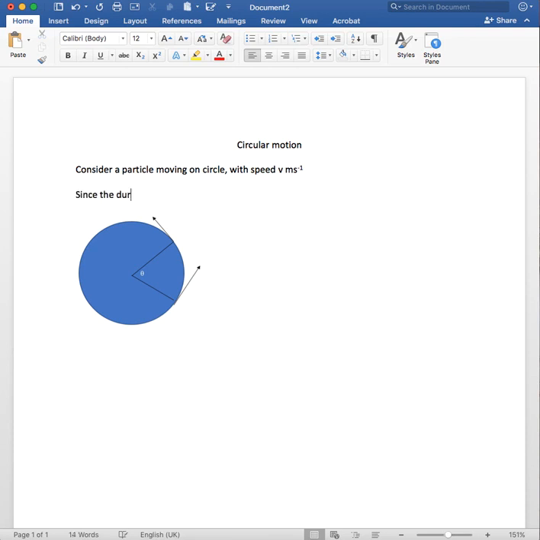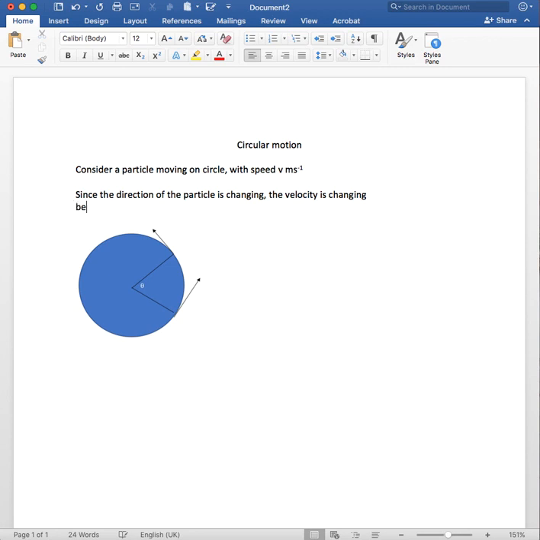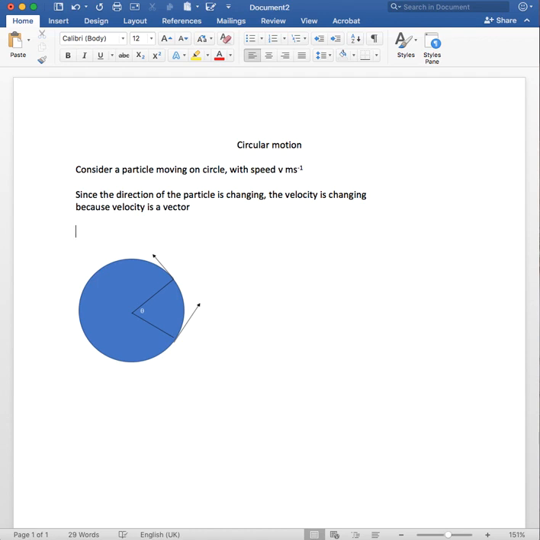Since the direction of the particle is changing, then the velocity is changing, because, of course, velocity is a vector. So if the velocity is changing, then it must be accelerating.